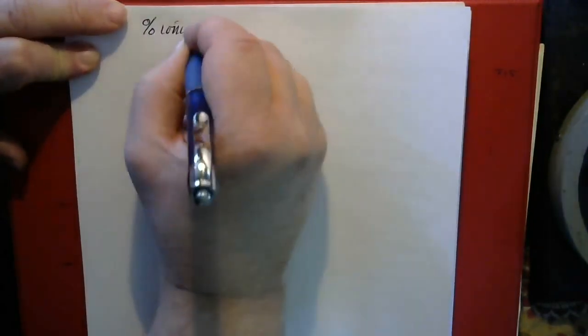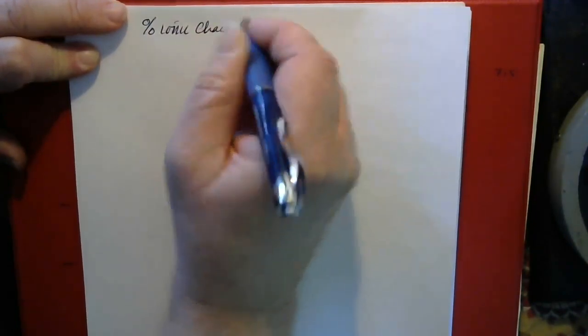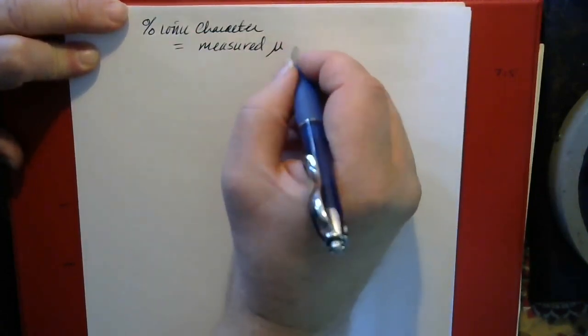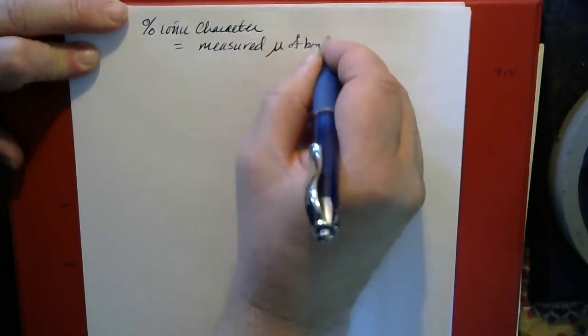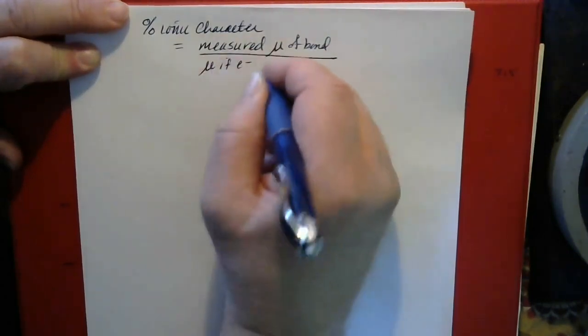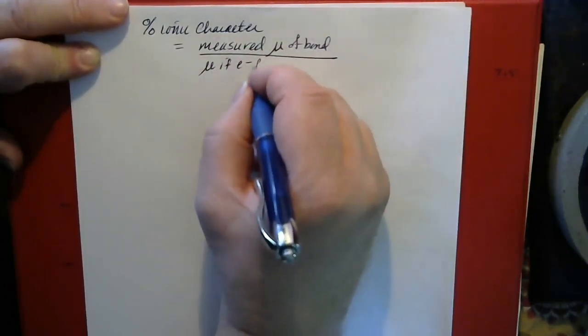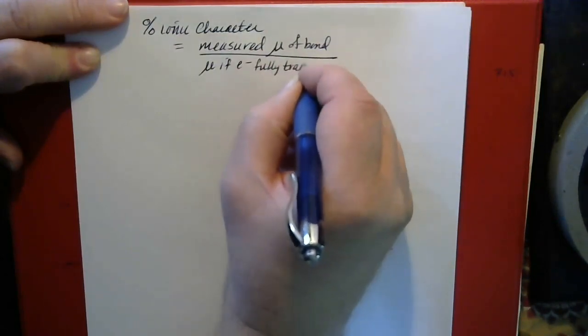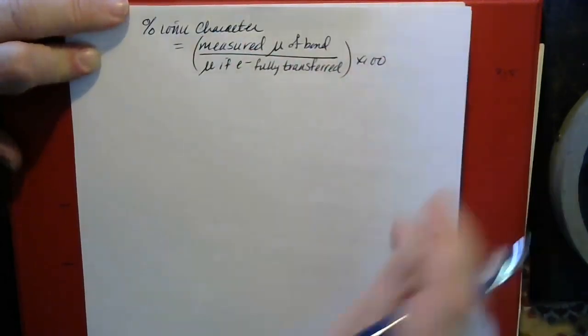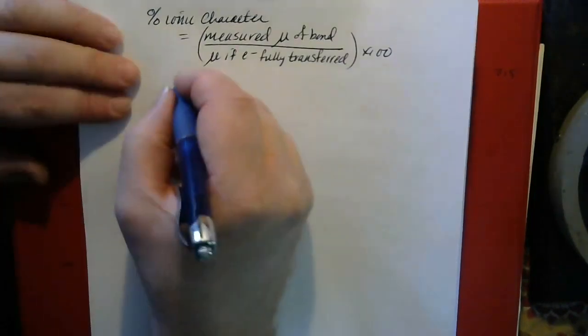A similar concept, trying to tell how much the electron is being shared versus transferred, is percent ionic character. And that's just the measured dipole moment of the bond over the dipole moment if the electron is completely transferred, times 100 because it's a percentage.